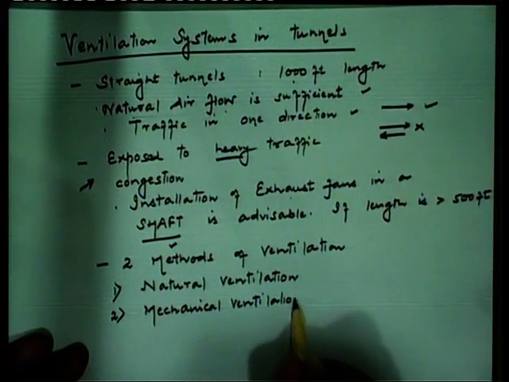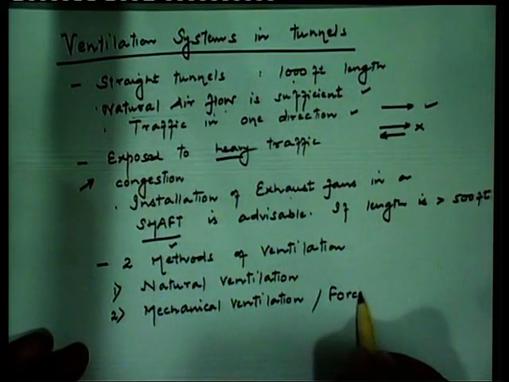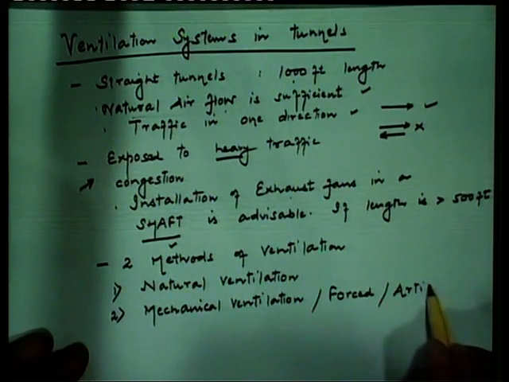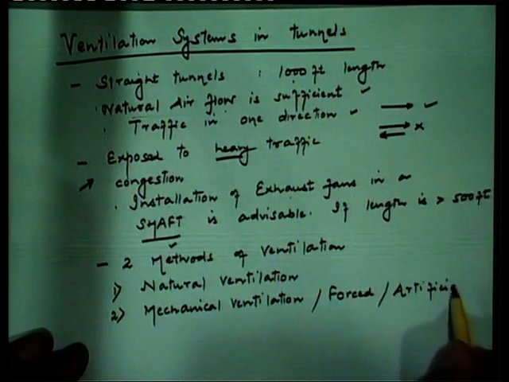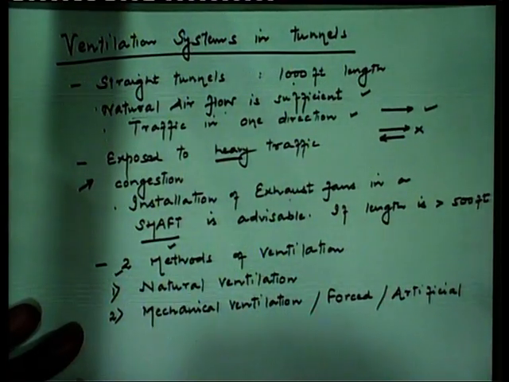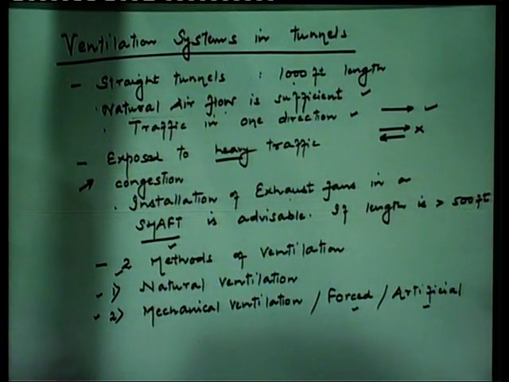We also call this ventilation forced ventilation or artificial ventilation. So, basically there are 2 methods: one is natural ventilation, and the second is mechanical ventilation, which is also termed the forced one or the artificial one. And I will discuss these 2 methods one by one.